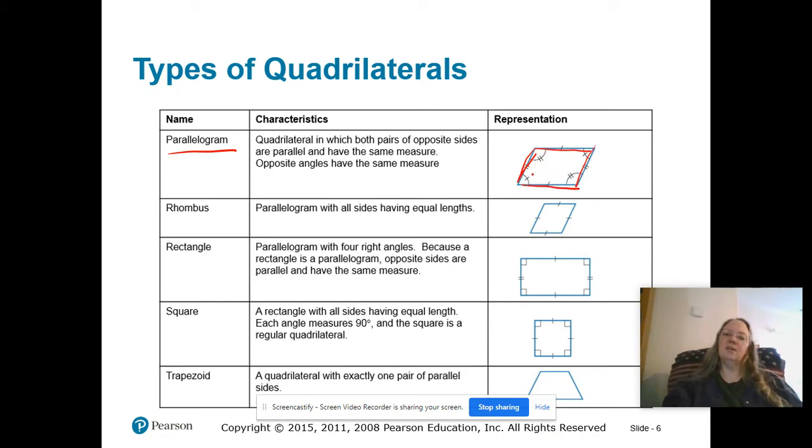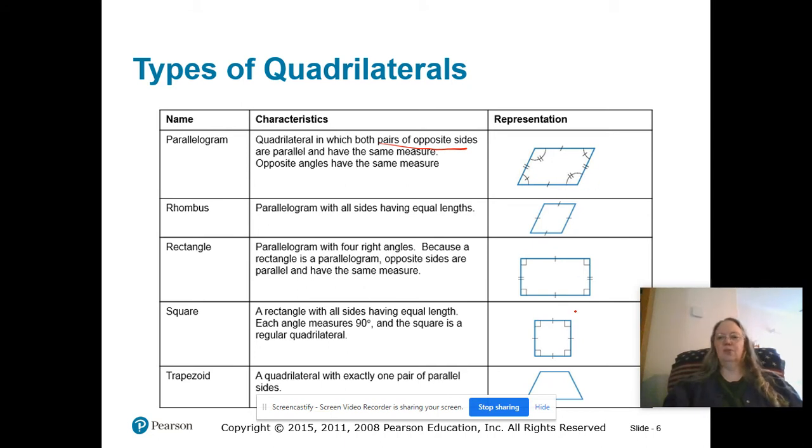Because the opposite sides are parallel, that means that the opposite angles are going to be the same. And opposite sides are also going to have the same measure. Both pairs of opposite sides are parallel and have the same measure. Opposite angles have the same measure.